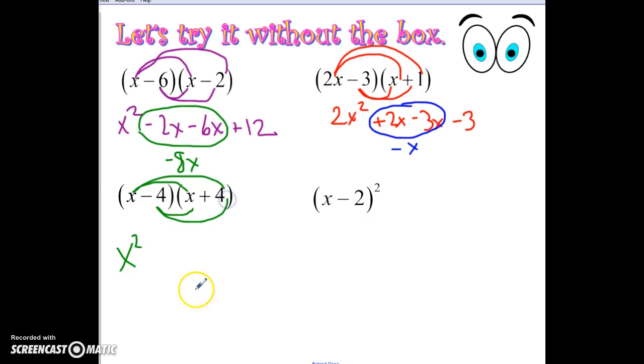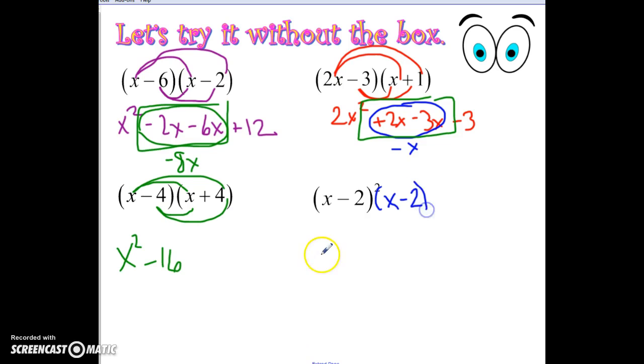And then the last terms, which would be negative 16. And then you could be done. So because I've been doing this for 7,000 years, I can kind of think about this section in my head and this section in my head and not have to write these two down and be able to just combine them when I'm finished.